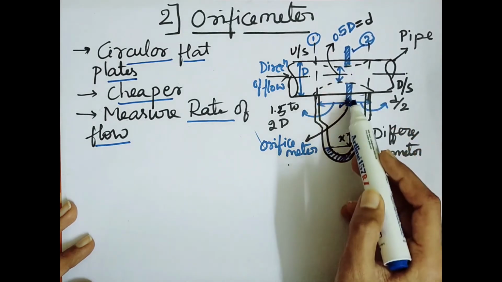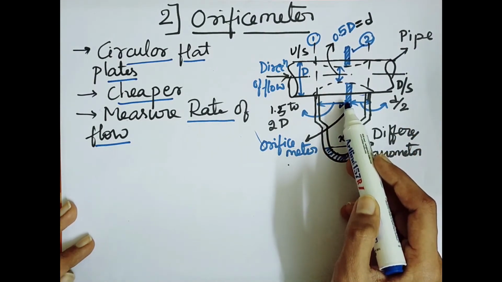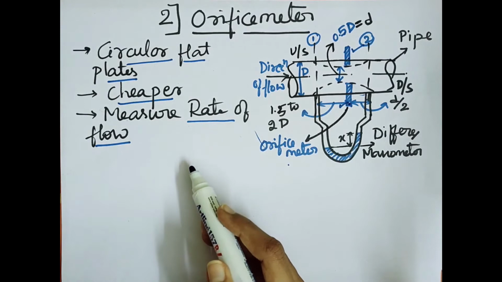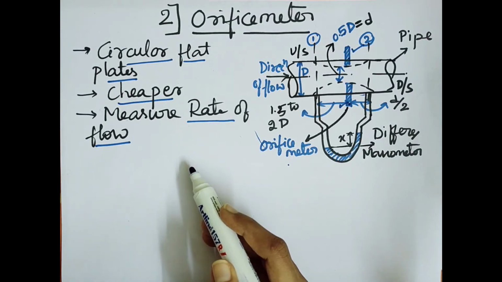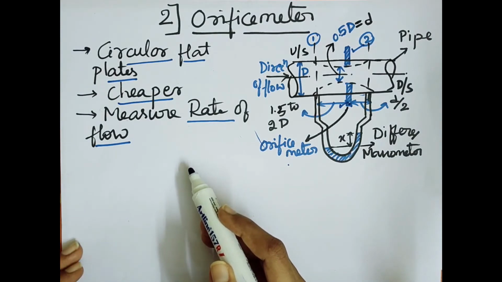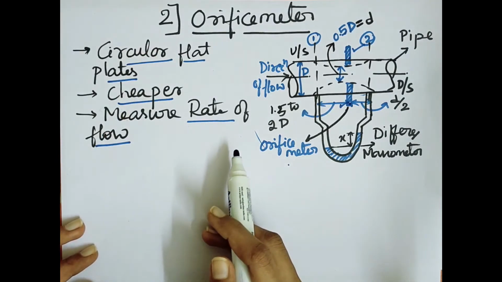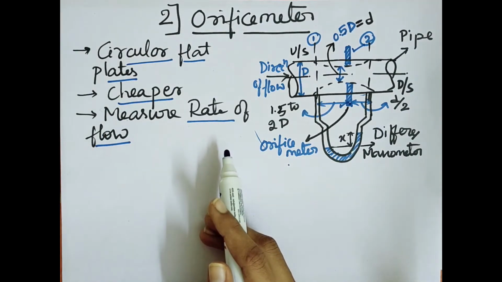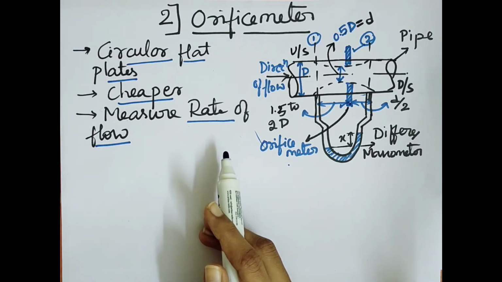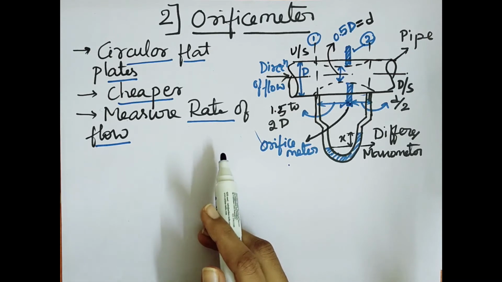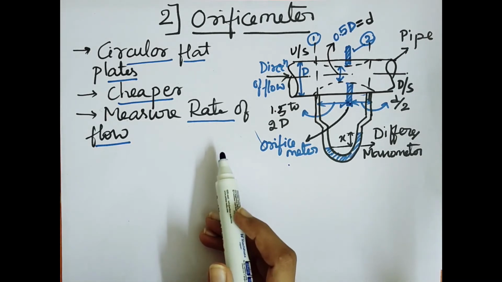It consists of a flat circular plate which has a circular sharp-edged hole, which is called an orifice.